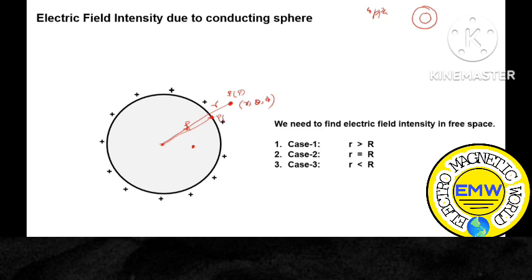First we are going to discuss case number one, where r is the radius of a point of interest, and r is greater than the radius of the sphere.